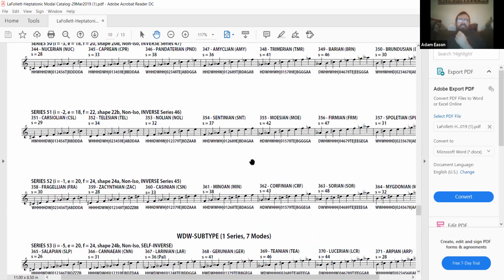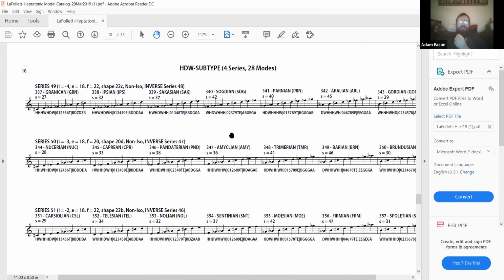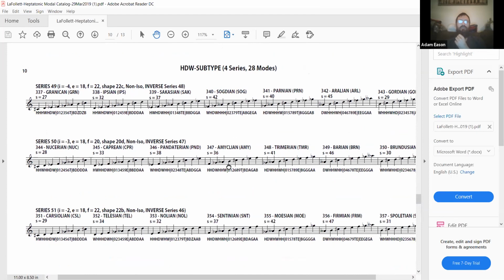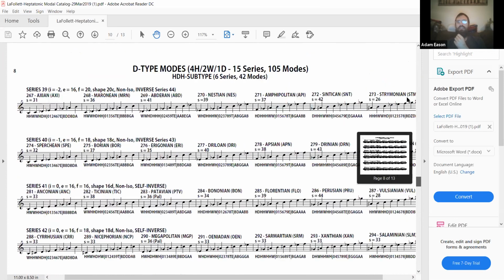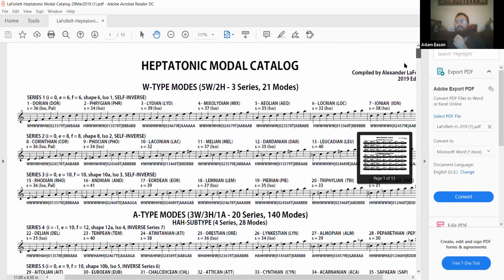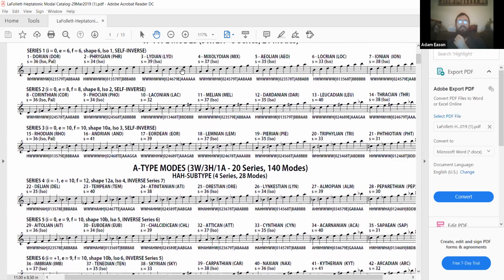I think in particular, as I did these counterpoint exercises, I made the realization that if I wanted to use these, I basically had to accept each mode on their own terms and just allow them to be, okay, this is how they arrange themselves.